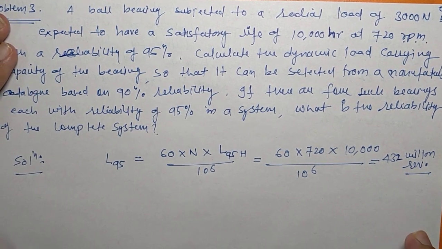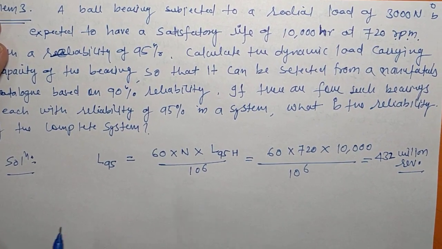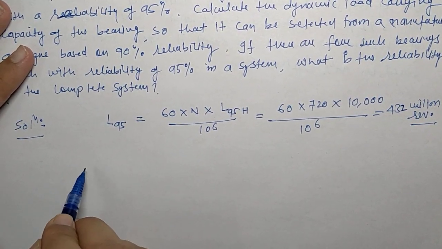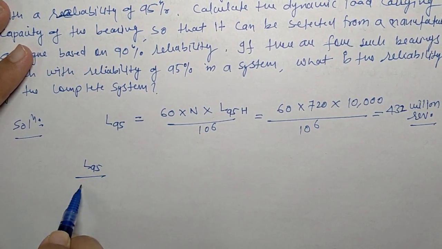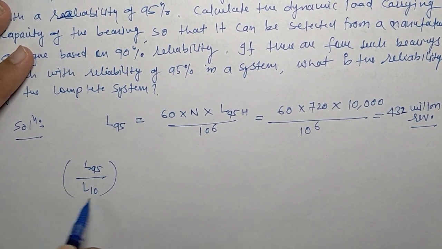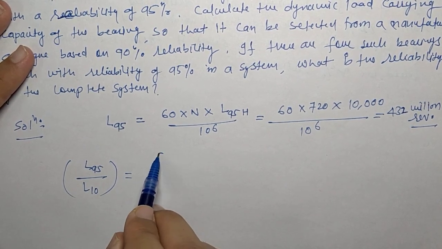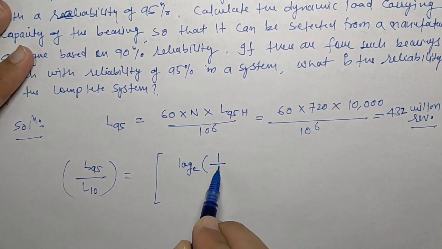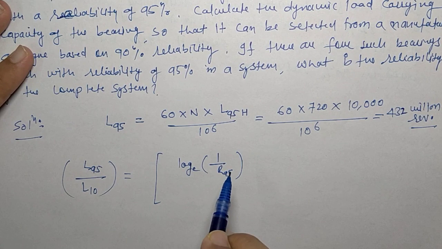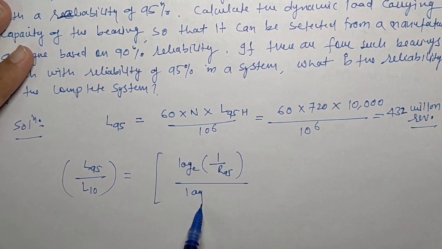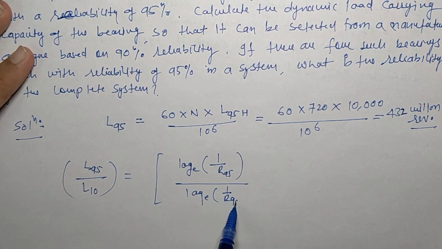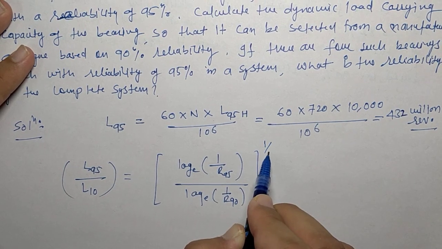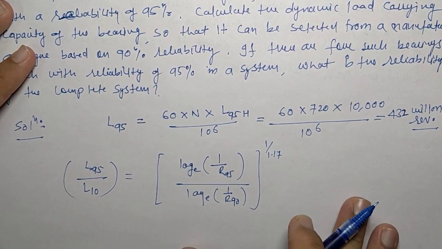Now there is a relationship between reliability and life, so we can use that relationship. L95 divided by L10 life is equal to log base e of 1 by R95, divided by log base e of 1 by R90, all raised to power 1 by B. B is a constant which is 1.17.